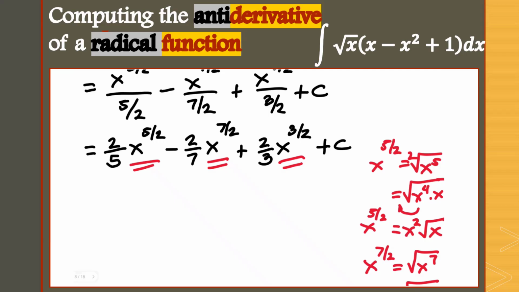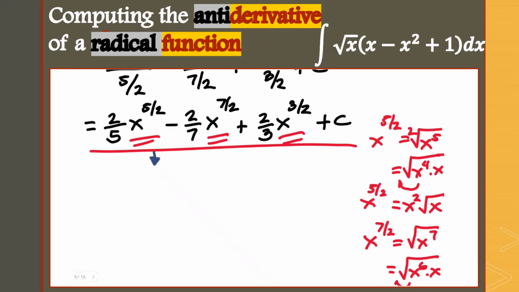For some, this is acceptable, but since we have learned already radical expressions, let's just simply move forward with the appropriate forms. This is 2/5. For x to the power of 5 halves is this x squared square root of x. Then minus 2/7.